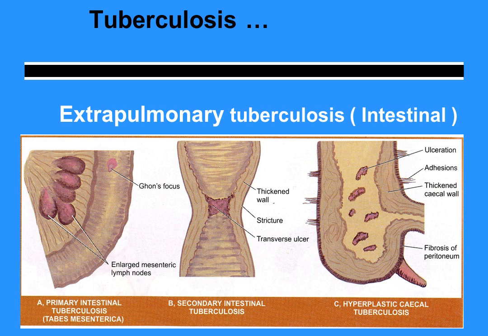Remember, T for tuberculosis, T for transverse, and these are stricturous lesions. So these patients generally present with obstruction. The wall of the intestine is thickened. It is generally seen at the ileocecal valve, in which there is thickening of the cecal wall. You can also see multiple ulcers and adhesions in the cecal wall.